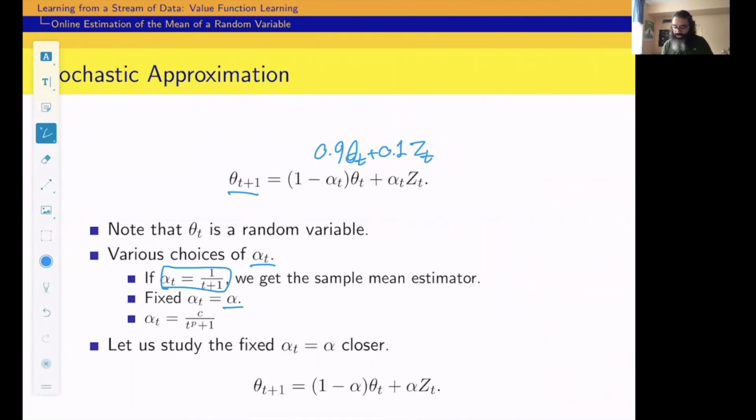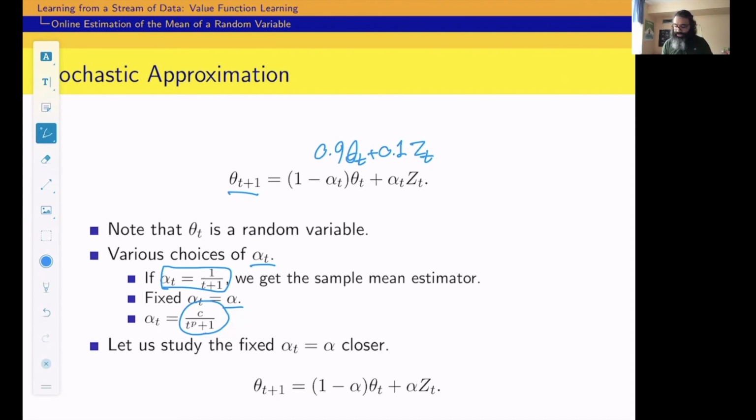Or we can choose alpha to be some constant divided by t to the power of p plus 1, or anything else. These are all possible schedules, and we want to understand their behavior. Do all of them work? Does all of them have the property that theta_t converges to the real mean or not?